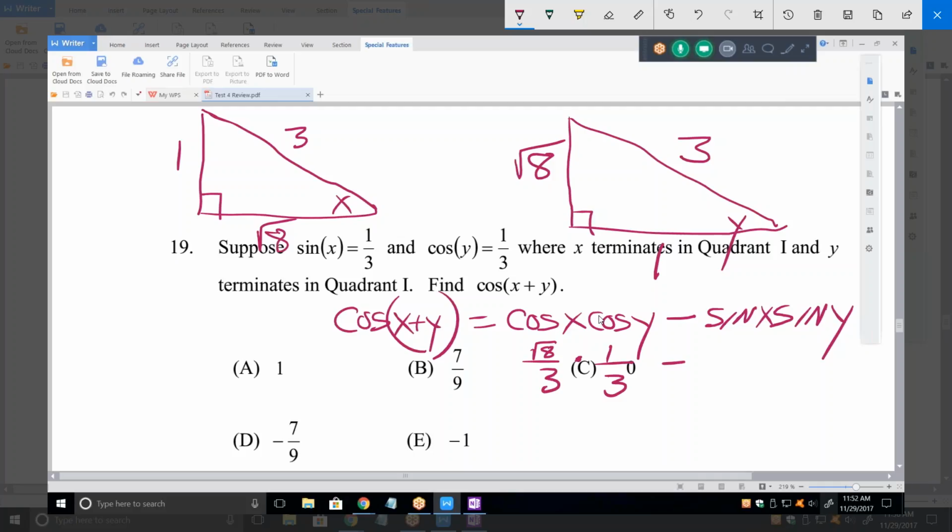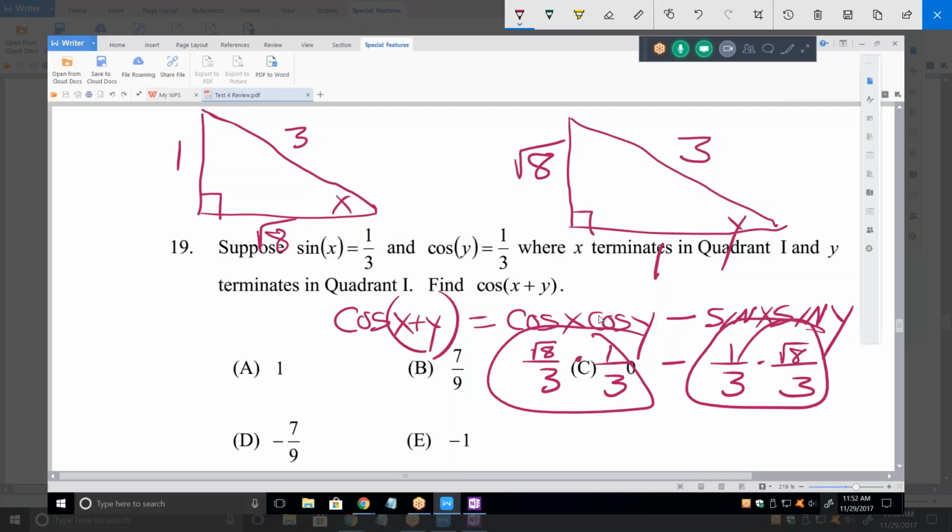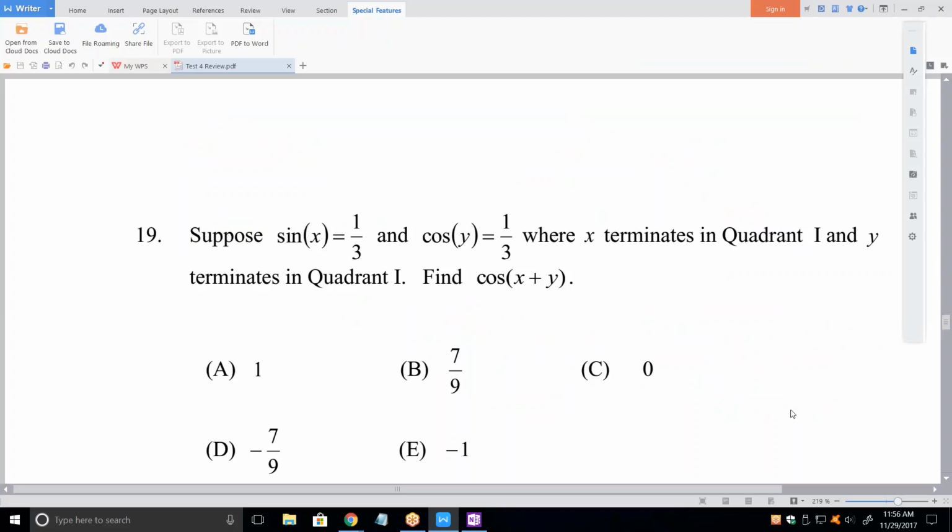What's the sine of x? 1 over 3. What's the sine of y? Square root of 8 over 3. That's the same thing as that. When you subtract something that's the same thing, you get 0. Ooh, that was our answer C. I think we did do that one yesterday. That's okay. It's worth reviewing.